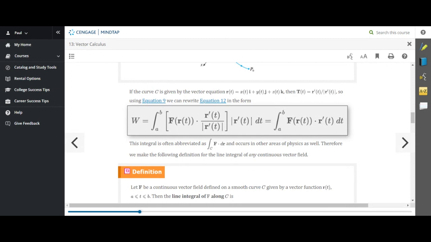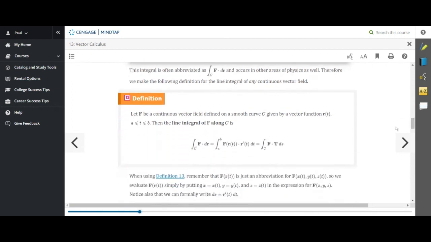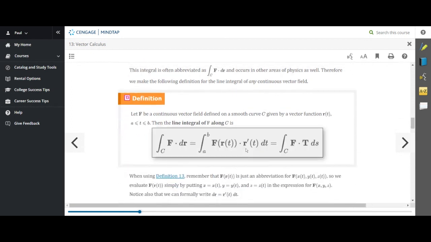And so now, this is where we wanted to be. The line integral of a vector field f along a space curve C is given by that integral. Now, you'll notice they abbreviate it. So let me show you where that comes from, because I want to get to an example here.